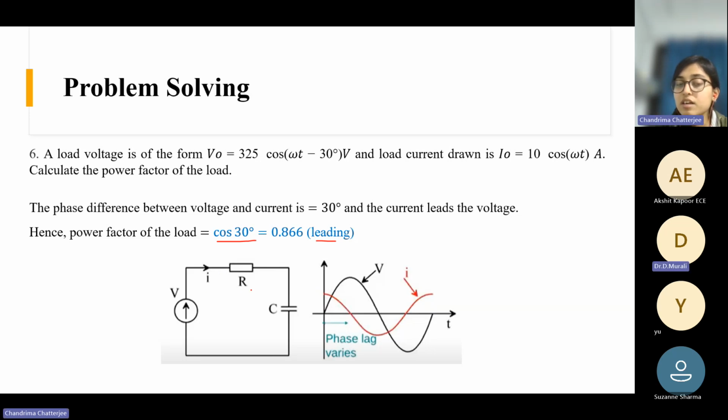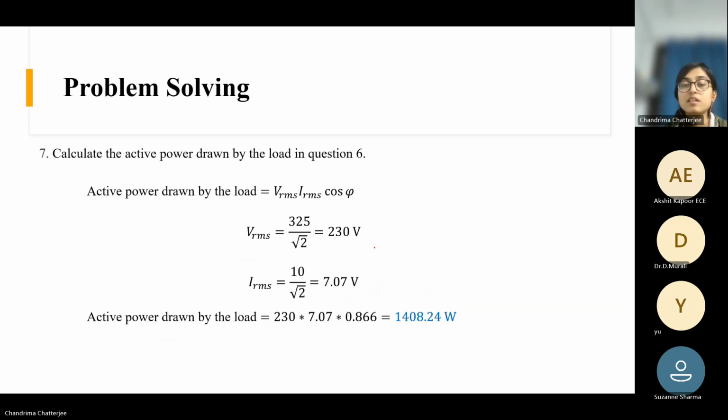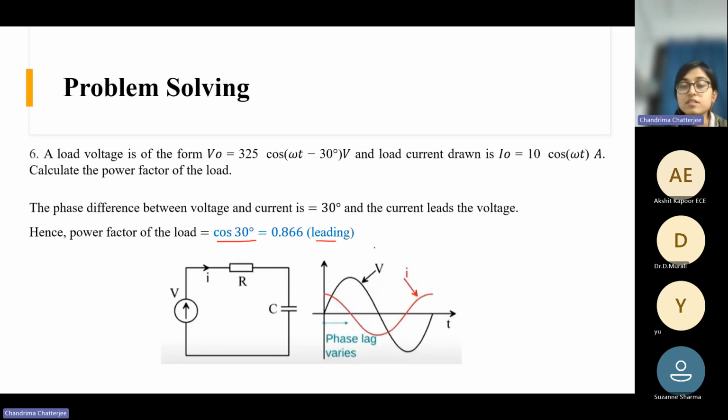So definitely the load is RC type of load. Why? Because when we have RC type of load, only then the current leads the voltage. If it is an inductive kind of load, the current will lag the voltage. The current zero crossing will be after the voltage zero crossing. Okay, so yeah. Is it fine?